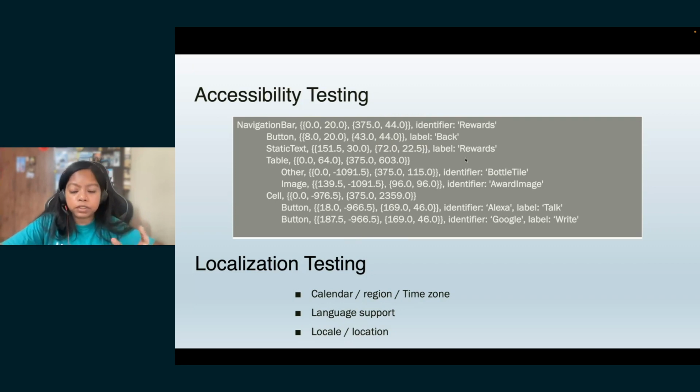Now accessibility we have already covered in places, but this is where it also shows identifiers that need to be present, the labels need to be present. If something is not present, we need to add it. And how we add, we already observed it, and after adding it should be shown like this. In this particular place we can see that the button doesn't have an identifier, so we can go and add an identifier. That way it will be more accessible and at the same time more reliable.